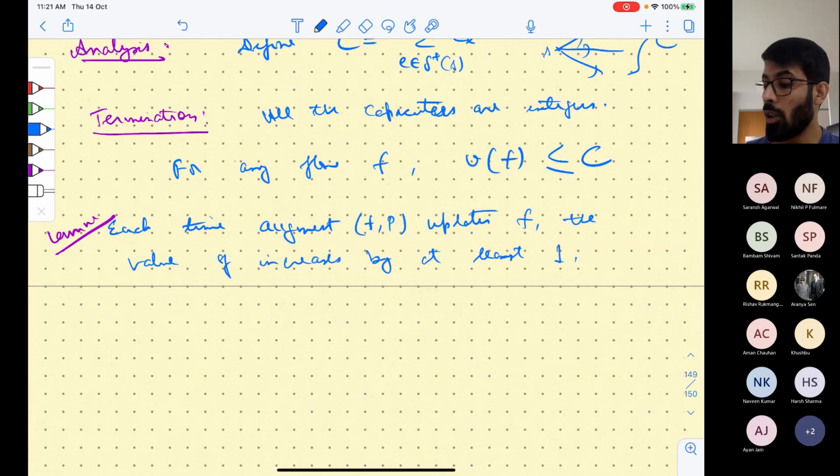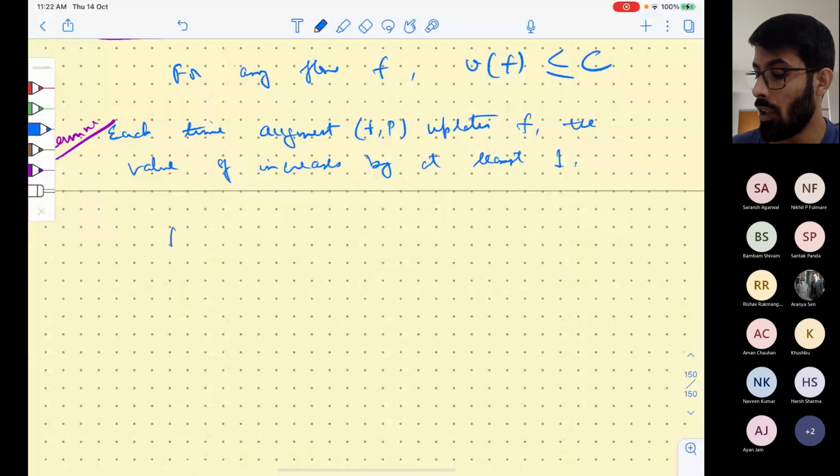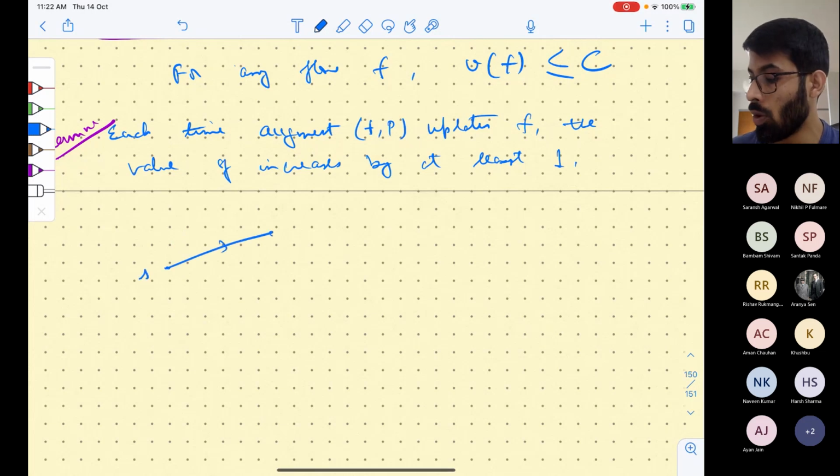You can say this is a lemma. And this is obvious, right? Because if you go to augment, what does it do? It takes the path, which is something from S to T.